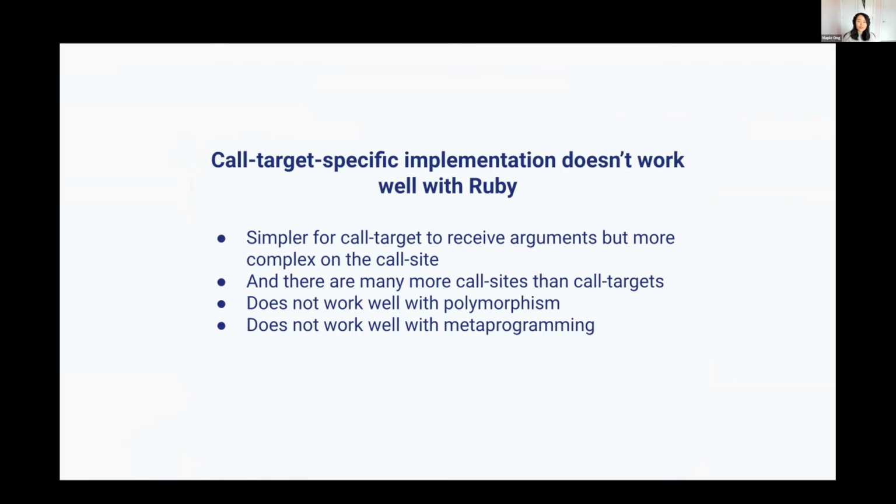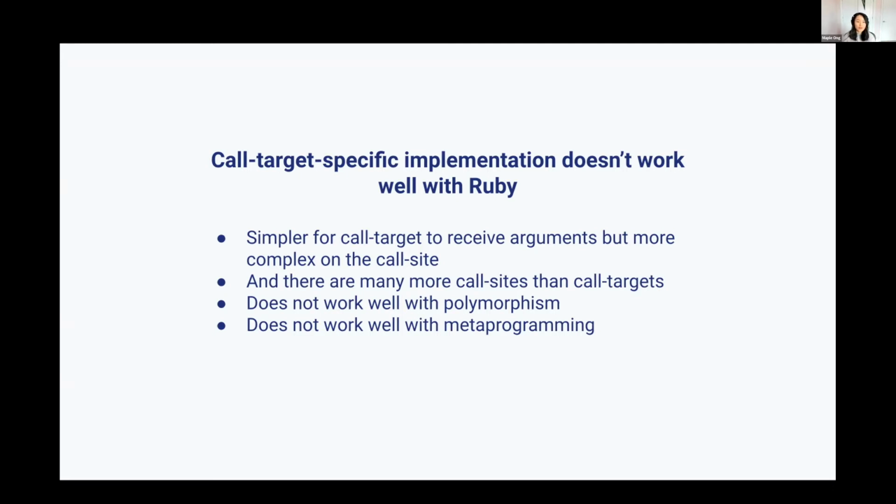Implementing it in practice can be complex because there are multiple mixes of arguments, both from the call target and the call site to handle, such as the method's default values in Ruby. The call target specific implementation puts the cost of the extra complexity on the call site. The idea is fundamentally that all call sites put keyword arguments into a common expected format by the call target.